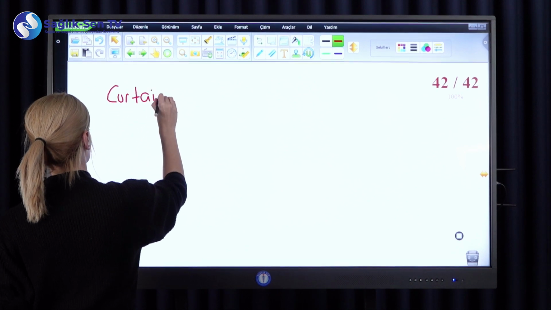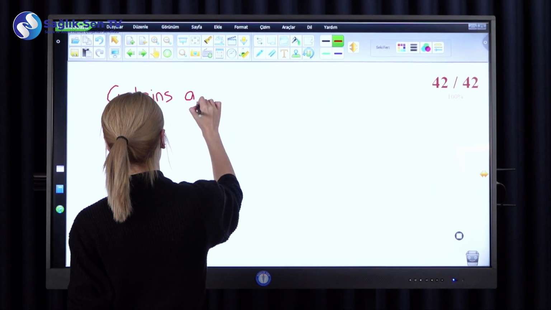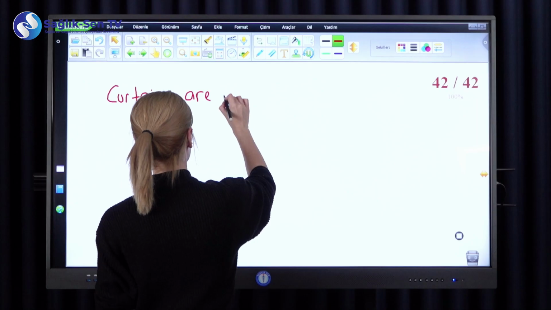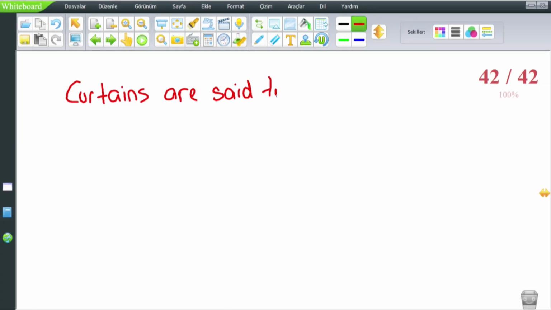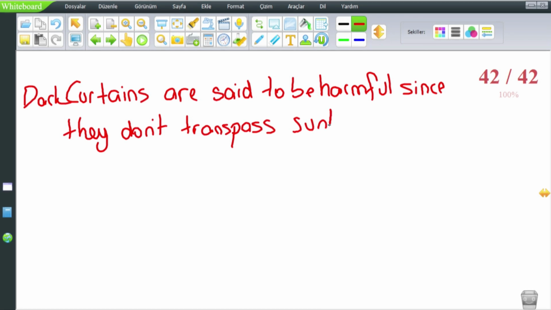Curtains are said to be harmful, or I will say dark curtains are said to be harmful since they don't transpass sunlight.